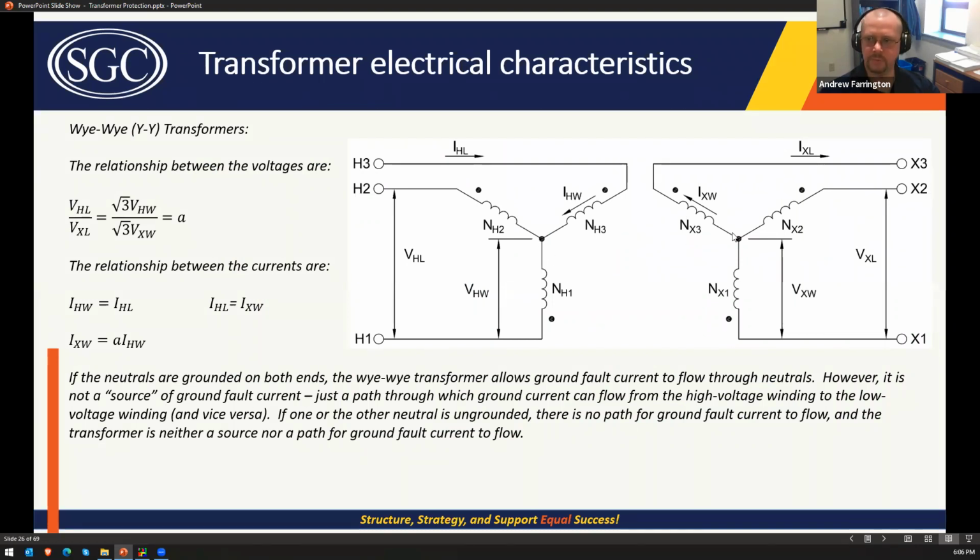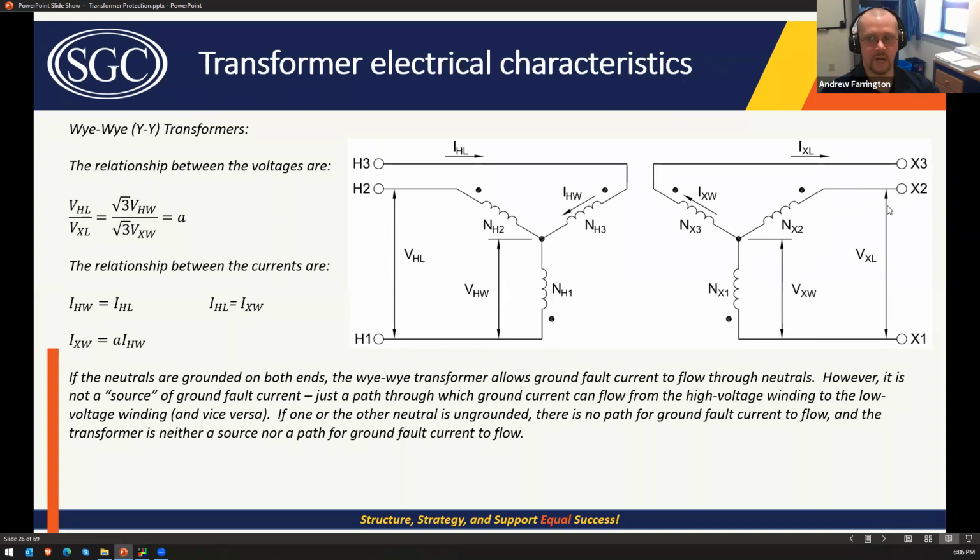So if the transformers are grounded on both sides, then the YY transformer is a path for zero sequence fault current. If one or the other is not grounded, then it is not a path for zero sequence fault current. So, you know, occasionally you'll see a YY transformer where one side is grounded and the other one isn't.